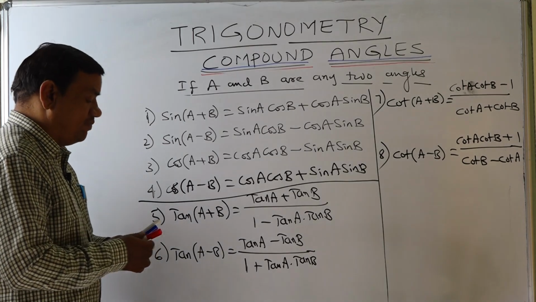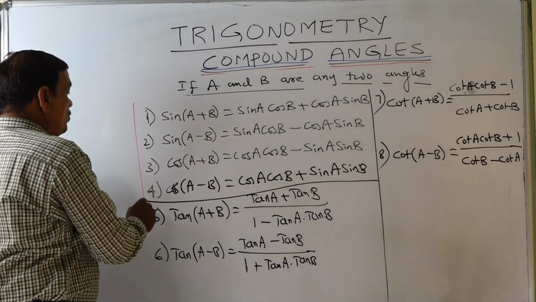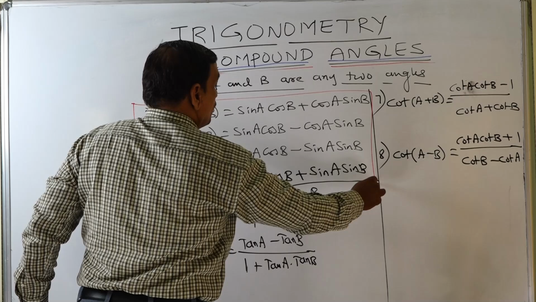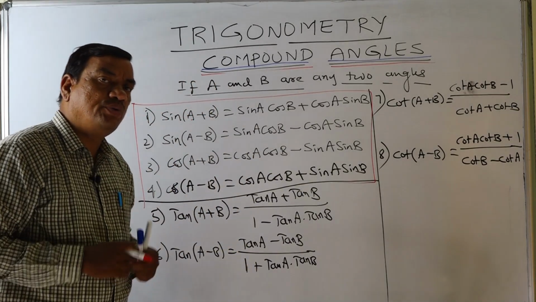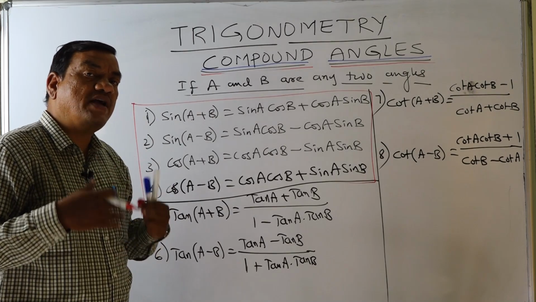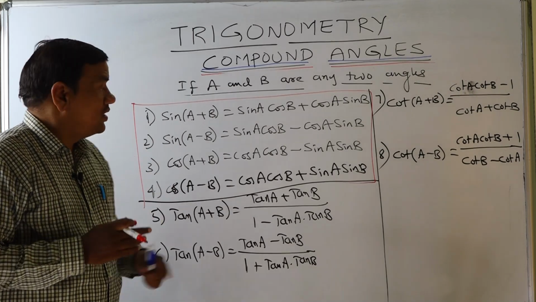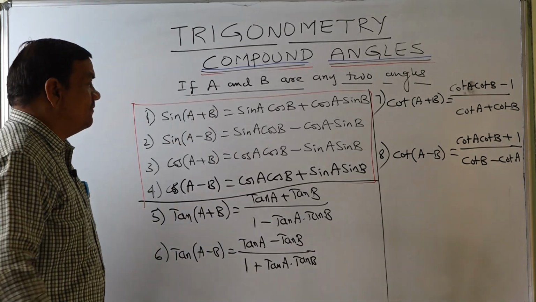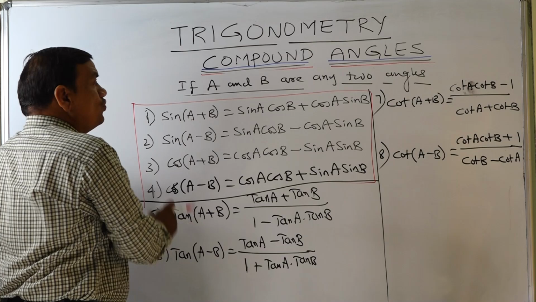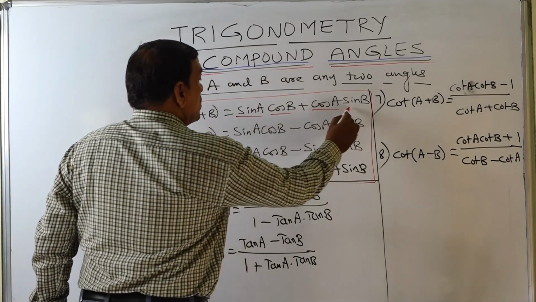So for A and B being any two angles, these four formulas hold. You may take pi by 2, 3 pi by 2, pi, 2 pi, 3 pi, whatever you take, these four formulas will be valid. Then how to remember? See, for the first two formulas, sin cos, cos sin will come.